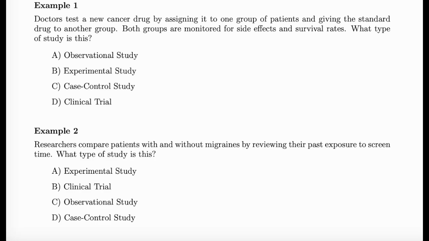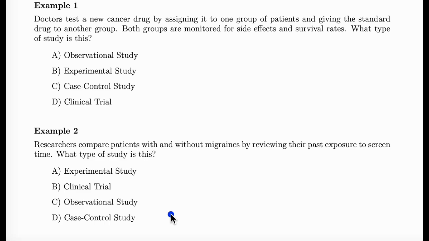Next, we're going to look at a study that doesn't involve assigning treatment, but does compare two groups based on a past condition. Looking at example 2, we have researchers compare patients with and without migraines by reviewing their past exposure to screen time. What type of study is this?